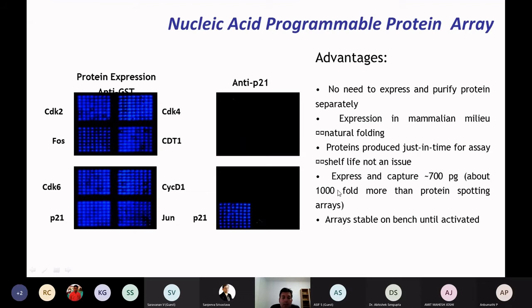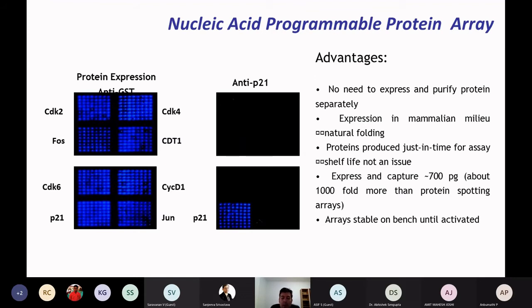This is an example of the performance of the NAPA, and the main advantage is the absence of expression and purification of the protein separately from the array.